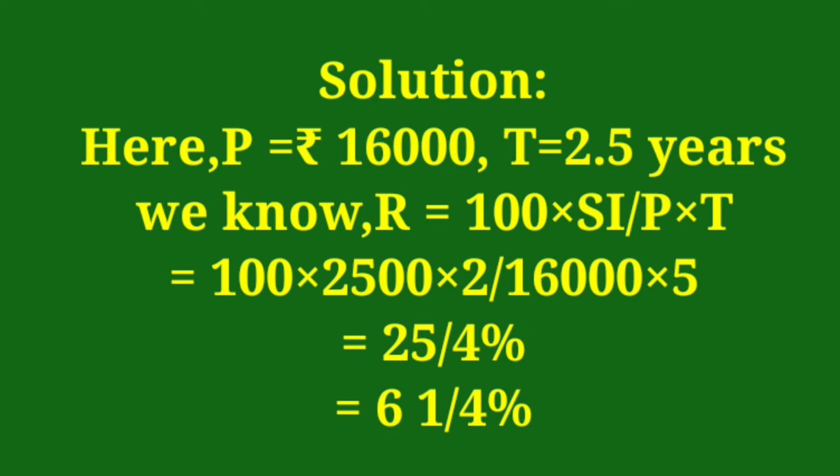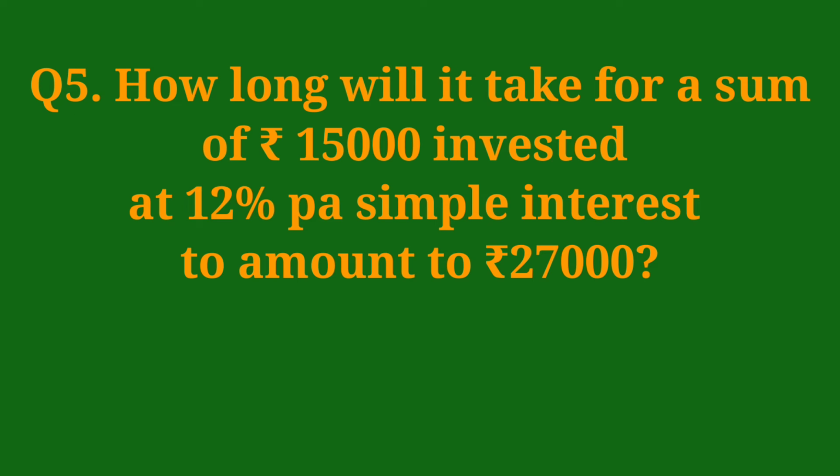And then you are getting 25 by 4%, that is 6 and 1 by 4%, or you can write 6.25%. So rate percent is 6.25%. This is the answer. Working out is a bit difficult. You have to practice this almost every day, especially the tables and the divisions are very important, multiplication tables.